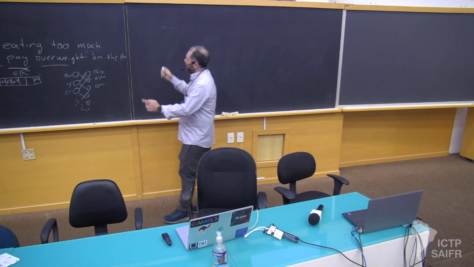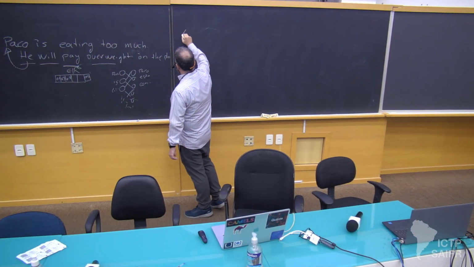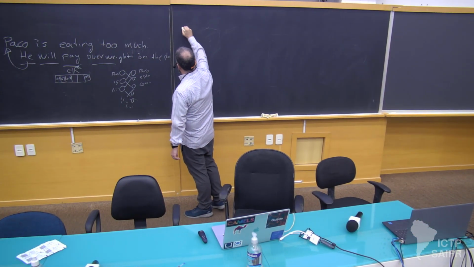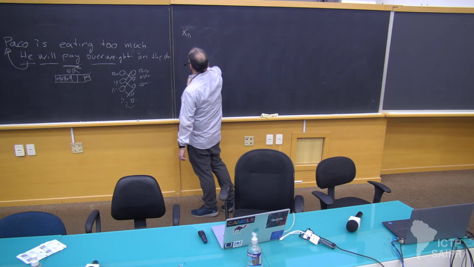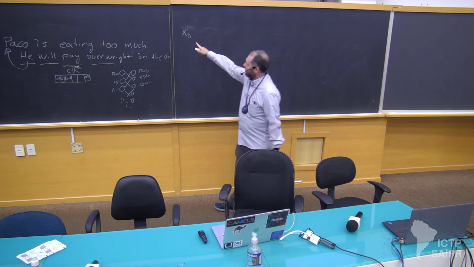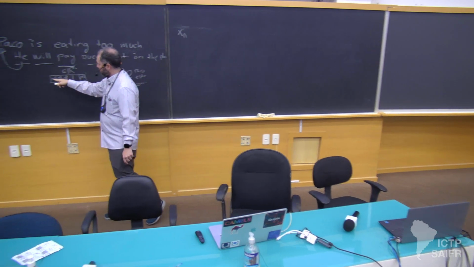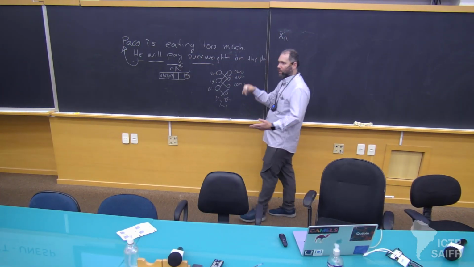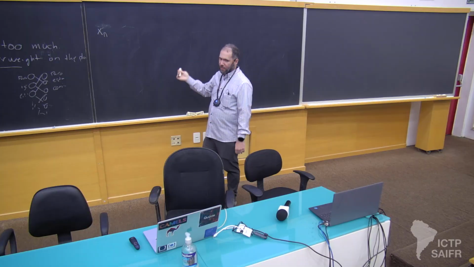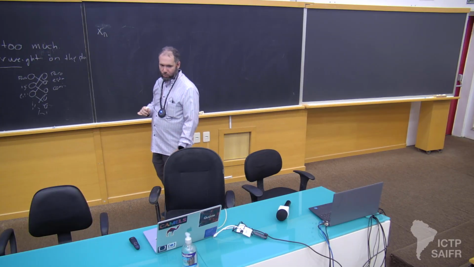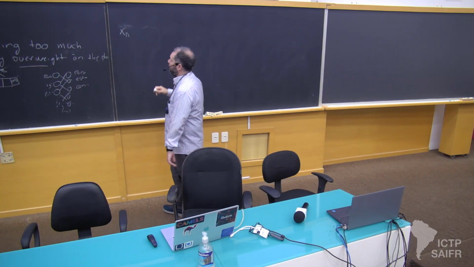So let's say that every word you represent as some vector, xn, okay? Let me write it like this. You should think of this as a vector, maybe with 6 or 7 dimensions, anything like that. So the first thing you do is a linear transformation.